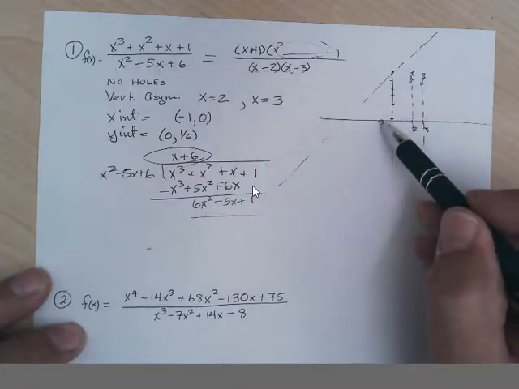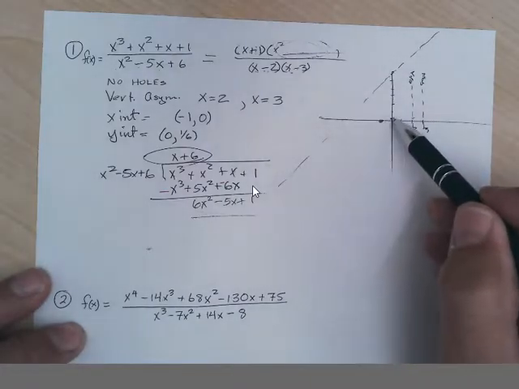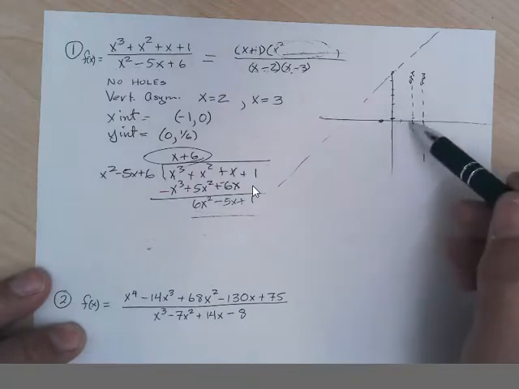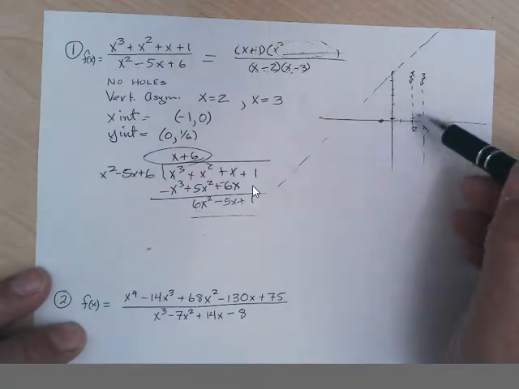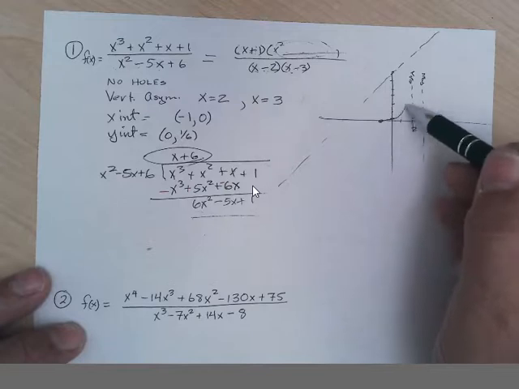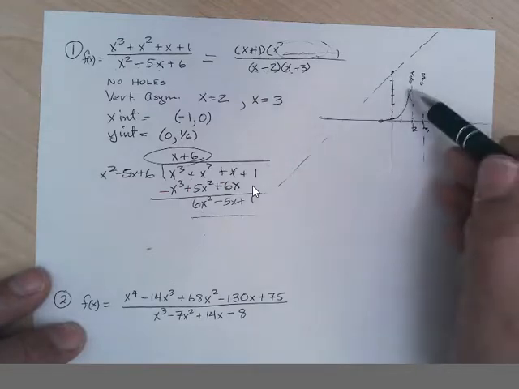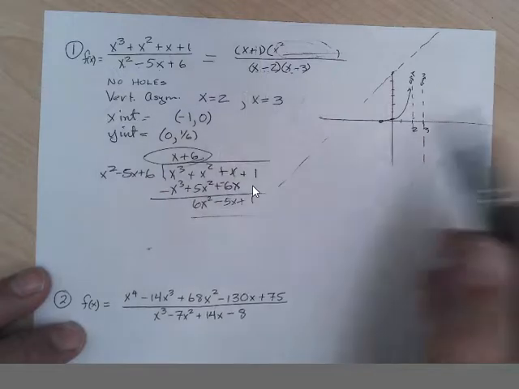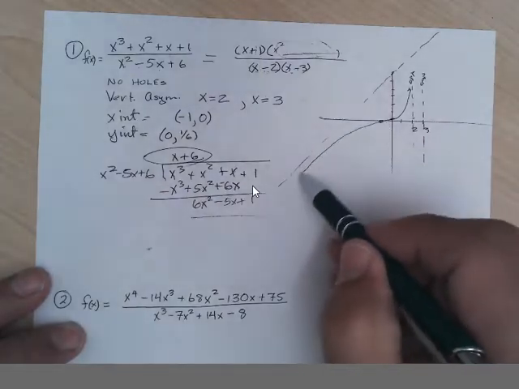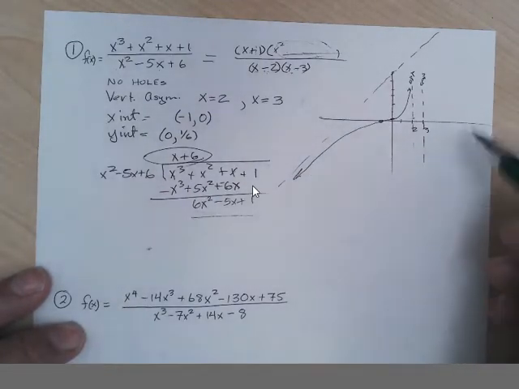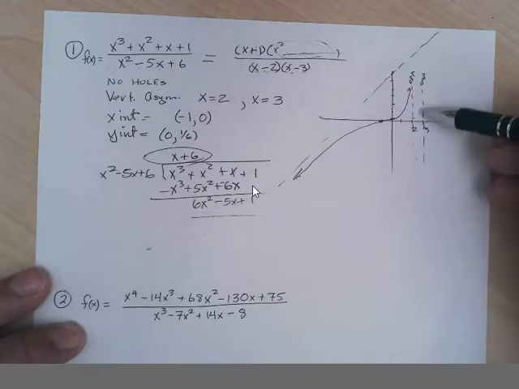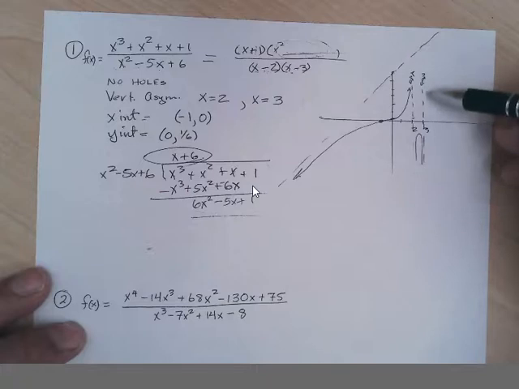So it goes through here, it goes through here, and it does not cross here, so it must go up like this. That's curious. See, it goes through minus 1, and it has to go towards that. And if it's opposite, it must go here, but that would have to cross, so it can't cross, so it must go back down.